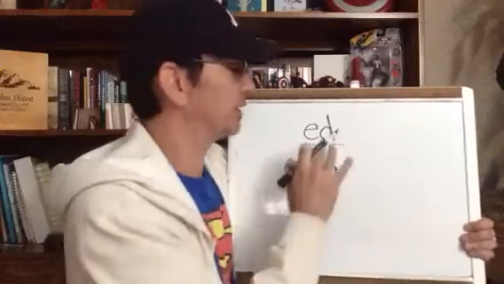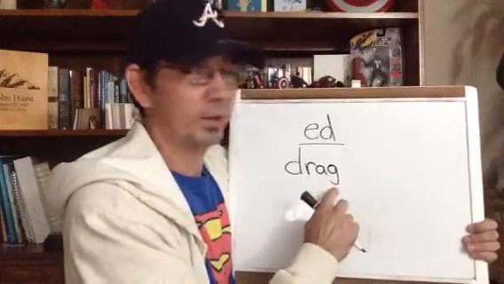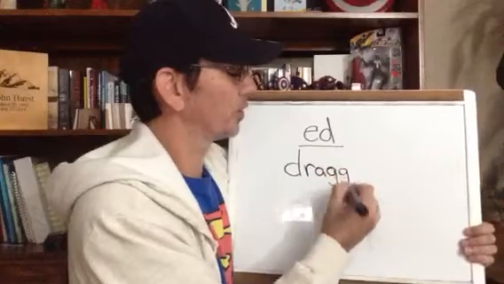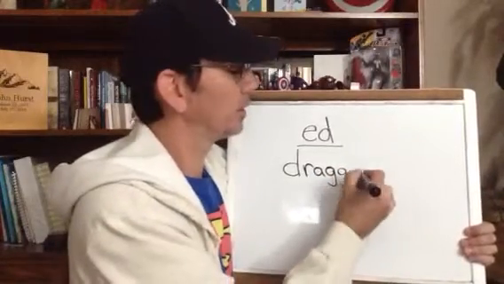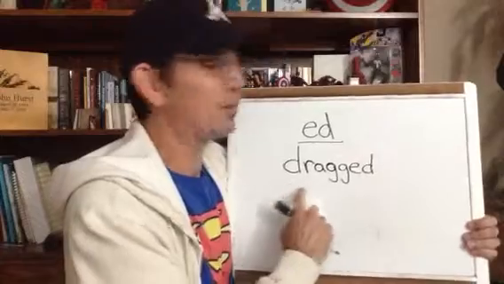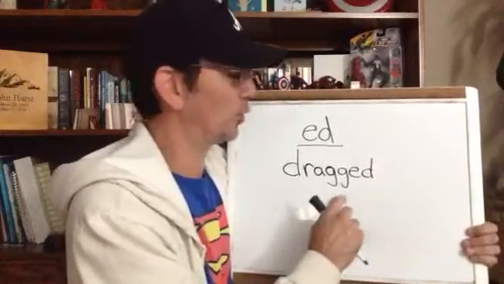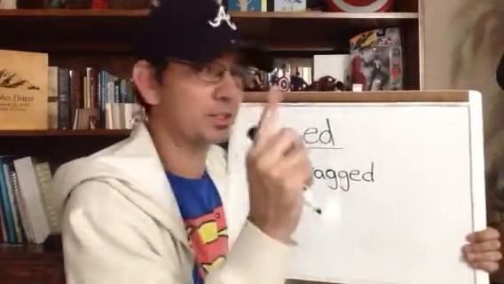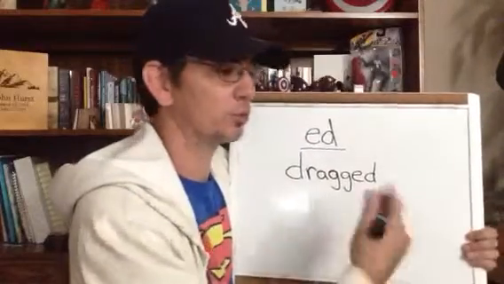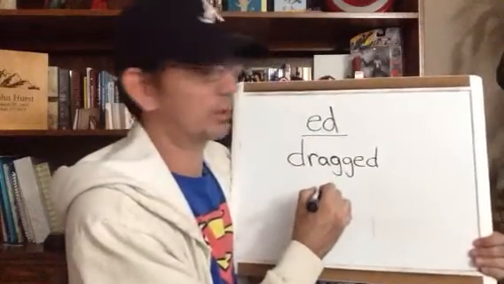Watch what happens with this. We do add the ED, but sometimes within these words, we add another G and then the ED. Look at that. And this word isn't drag-G-D. You don't say both of these G's. You just hear the one. Dragged. Dragged. Okay?